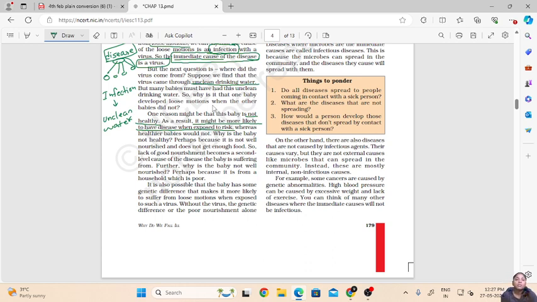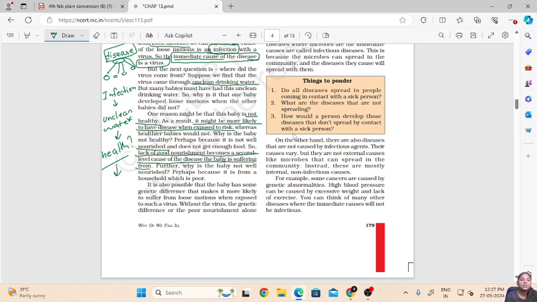whereas the healthier babies did not get affected. Then why is the baby not healthy? So the next question arises is that why is the baby not healthy? So why? Now perhaps because it is not well nourished. So this can be another reason or another cause, that lack of good nourishment or nutrition could be the second level of cause of disease that the baby is suffering from.